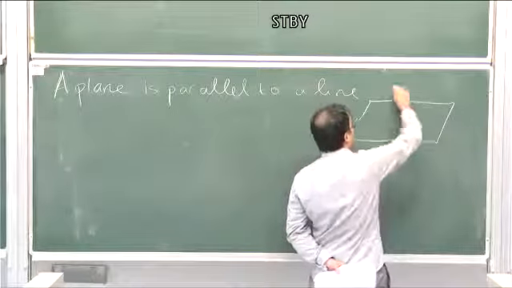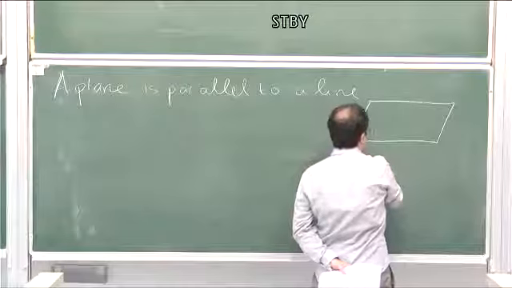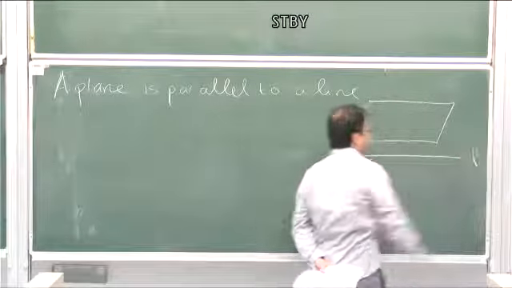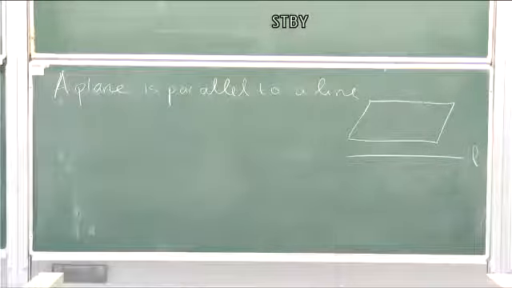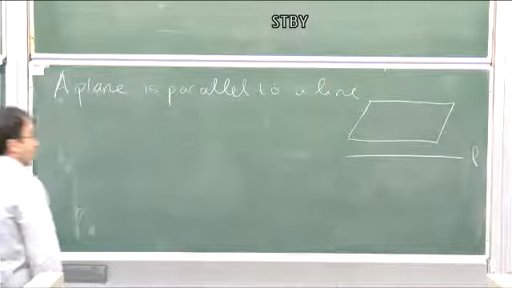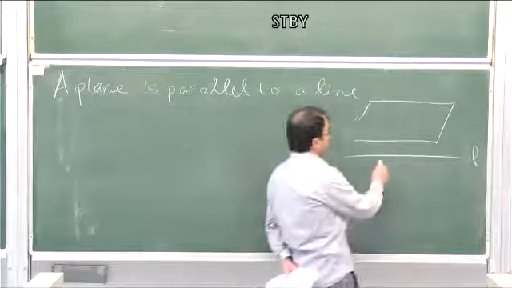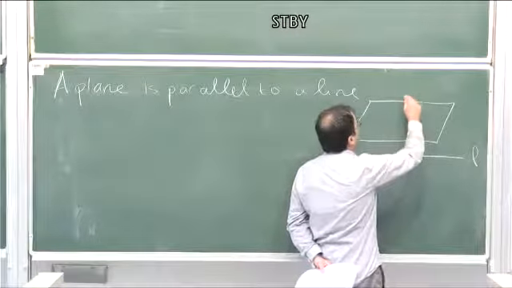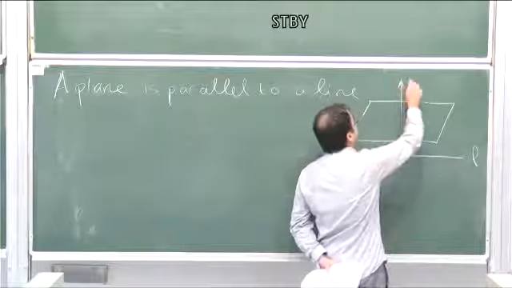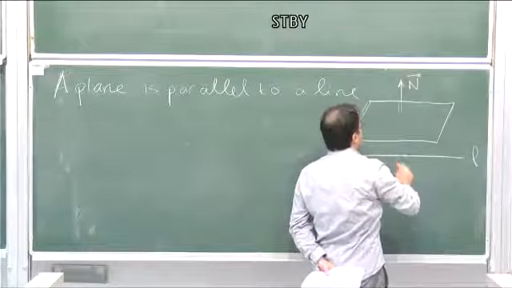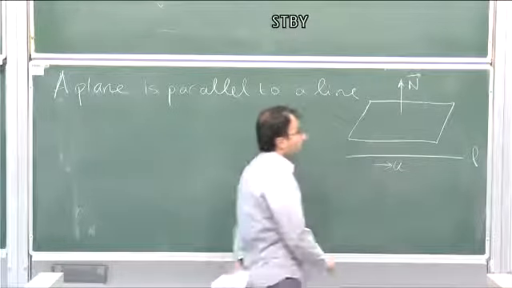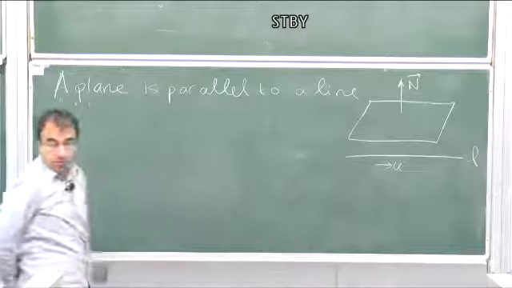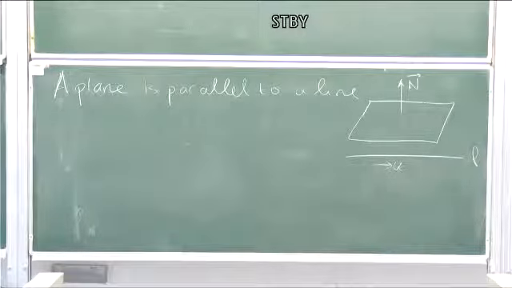So we have a plane, and we have a line L. So how do we know that these are parallel? In particular, they are not intersecting. So we find out about this using vectors again. You know that for a plane we have its normal vector, and for a line we have a direction vector.